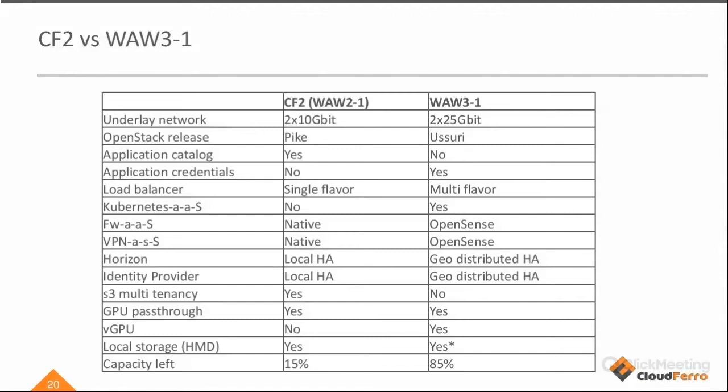The next thing doesn't differ between the two clouds, but it's something that you should know: GPU pass-through. Pass-through is basically a way in which the system gets access to the GPU. You can get the GPU to the system in many different ways.